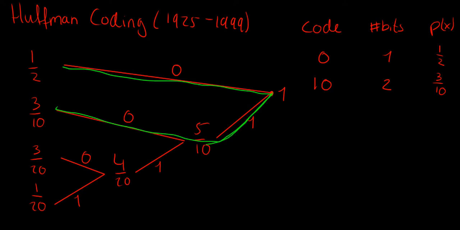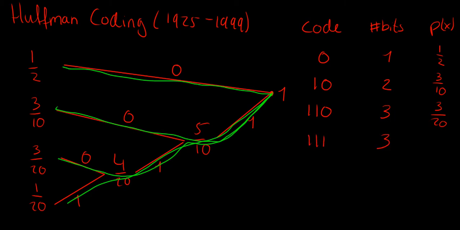The next one, we see that we get 1, 1, 0. It has 3 bits with a probability of 3/20. And the last one, we see 1, 1, 1, with 3 bits and a probability of 1/20.